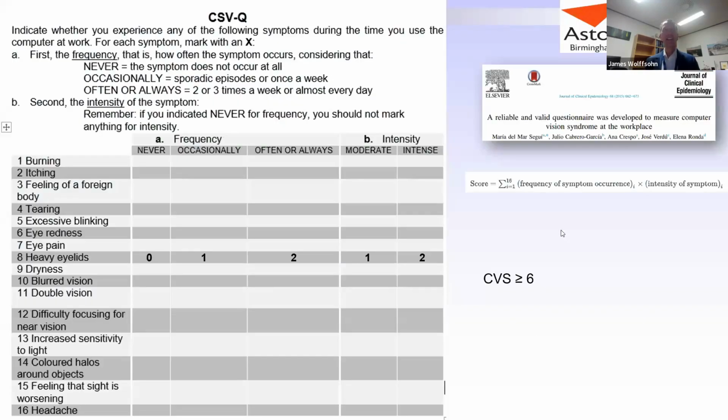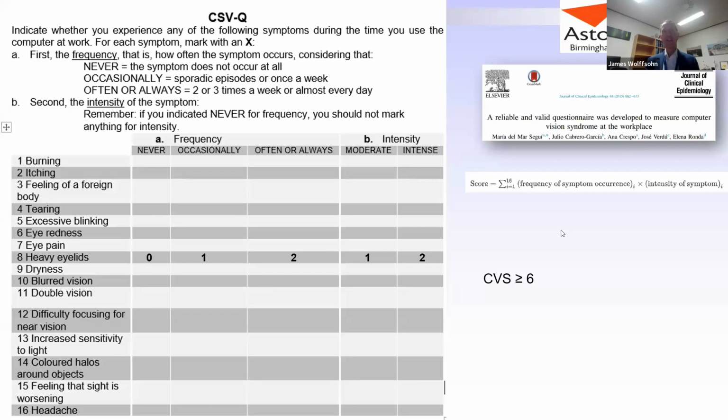So this is the CVSQ. You can see that it's essentially split into two parts, initially on frequency and then on intensity. Obviously, if the frequency is never, you don't need to fill in the intensity. There are 16 different symptoms that they get you to rate, from burning all the way through to headaches.